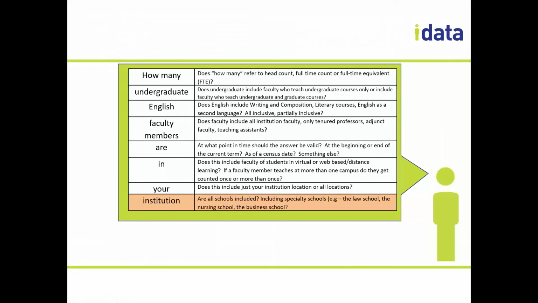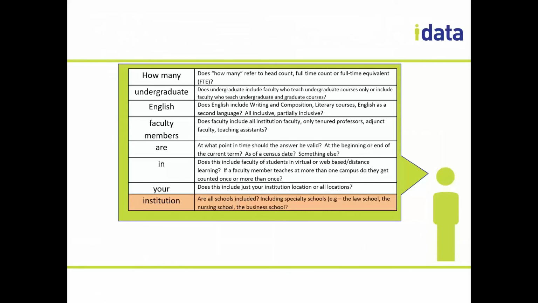You could get 10% more with one answer and 20% less with another, based on your interpretation of these things. There are many different reasons to do a business glossary, but one of the easiest ones to talk about is establishing trust and confidence in your data.